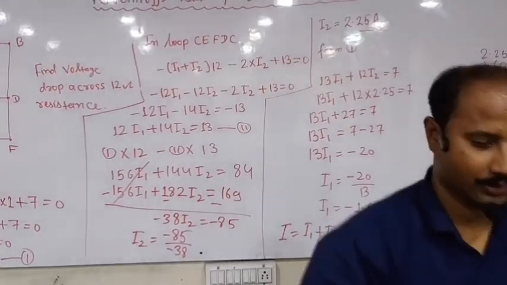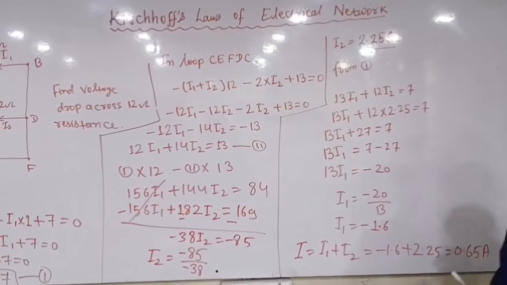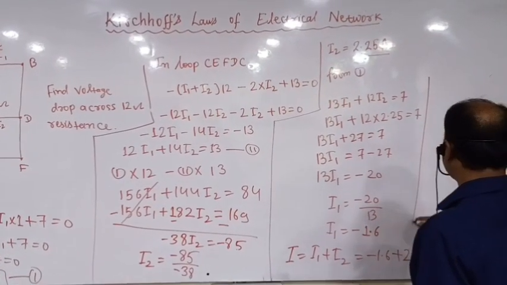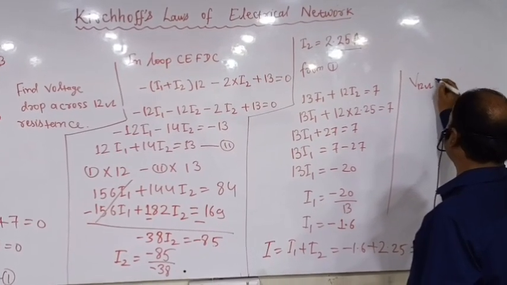What is the voltage drop across the 12 ohm resistor?